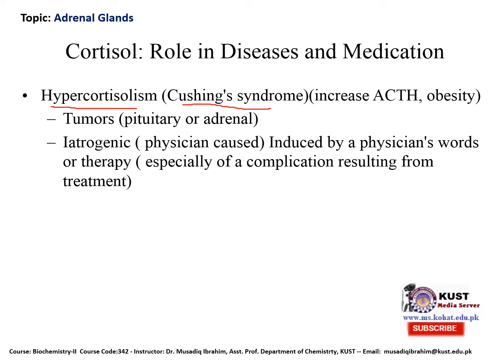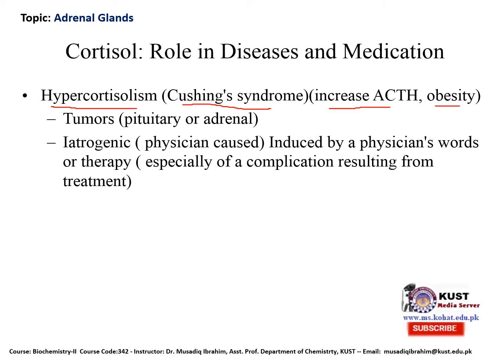So in case of Cushing's syndrome, there is an increased concentration of ACTH, which is adrenocorticotropic hormone, as well as obesity.